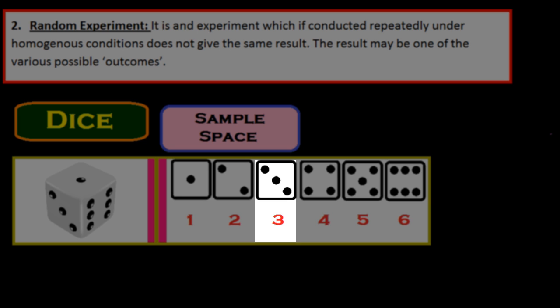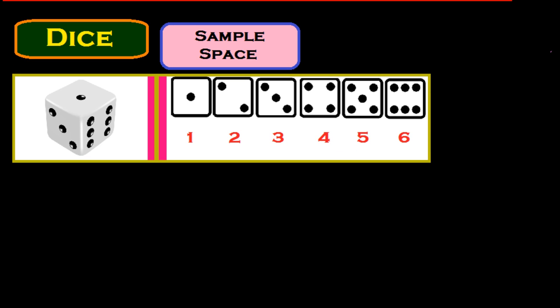If I get 3, the probability of getting that number is 1 by 6. The probability of getting any number here is 1 over 6.